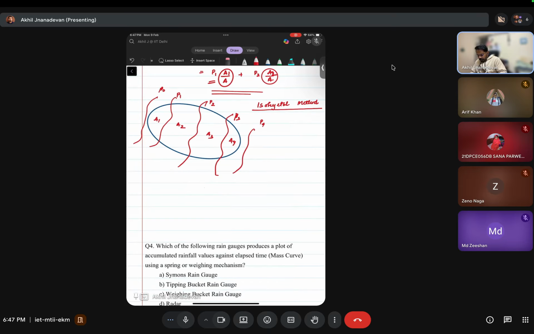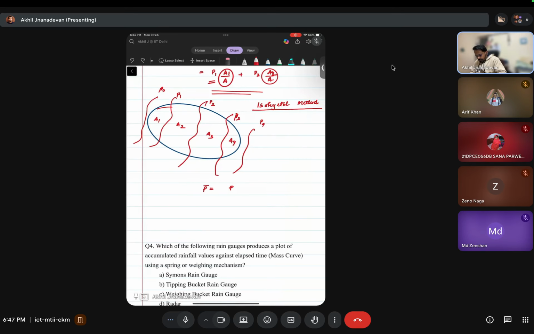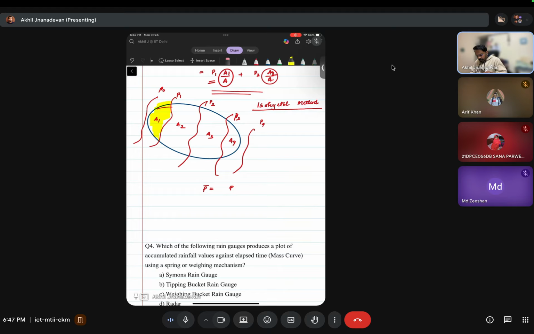Our P bar is given by each area: for the area A1, which I've shaded, the rainfall is taken as the average of P0 plus P1 divided by 2.